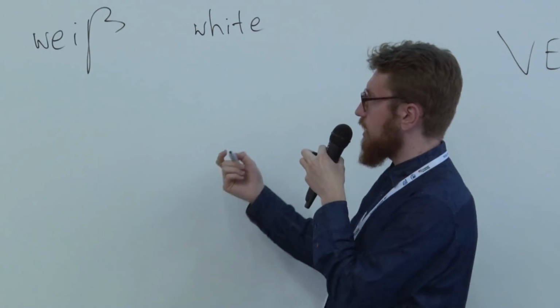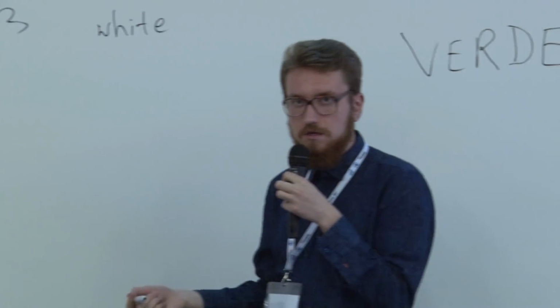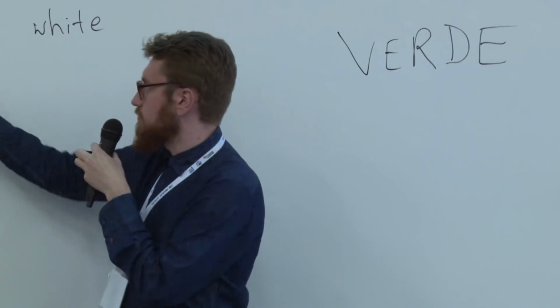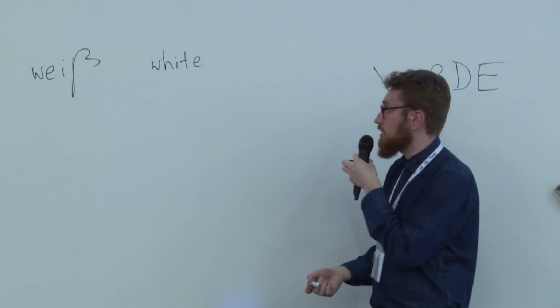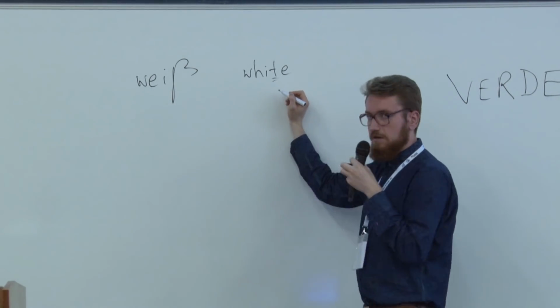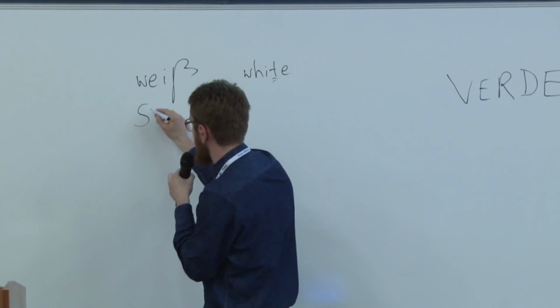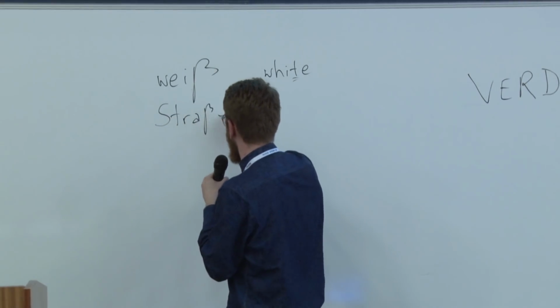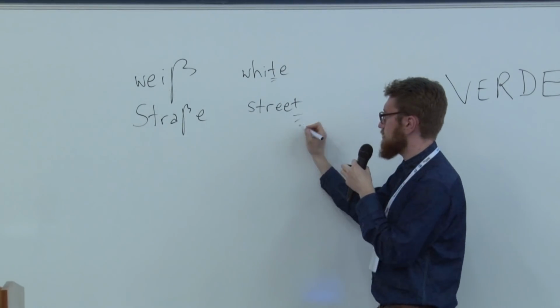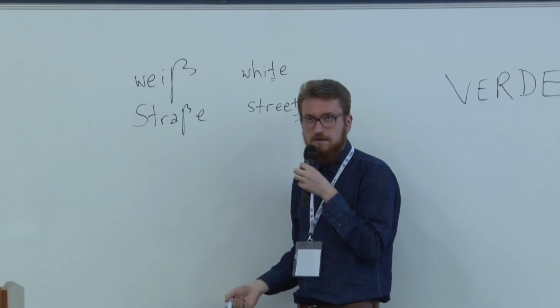In German, you do not pronounce W as W, you pronounce it as V, but in English you pronounce it W. So it's a regular phonemic change. Then there's S, and S changes to T. Where can you see it? Well, Straße, street, right? There's a T instead of S, and so on.